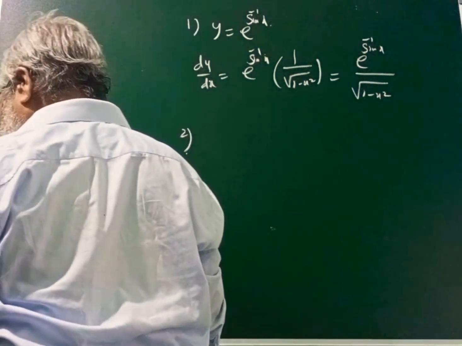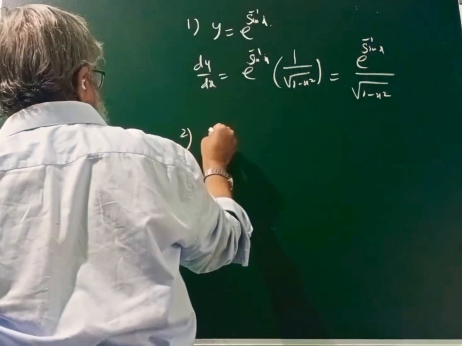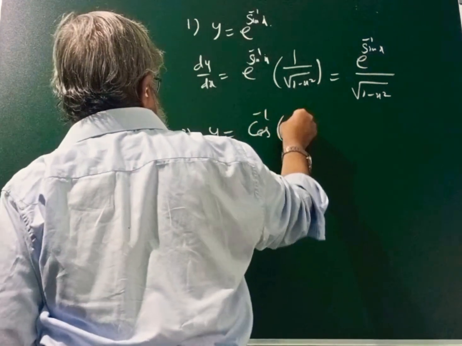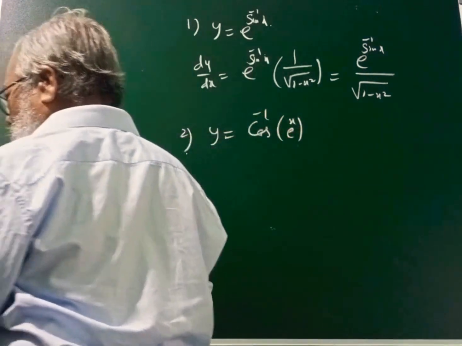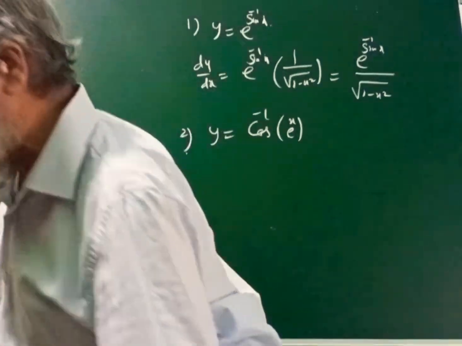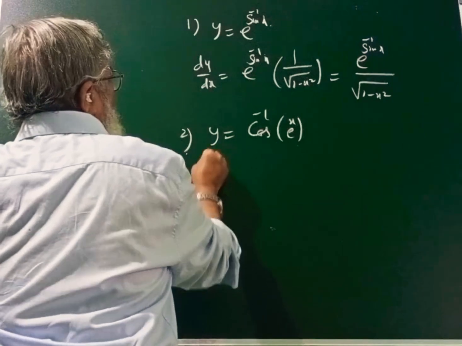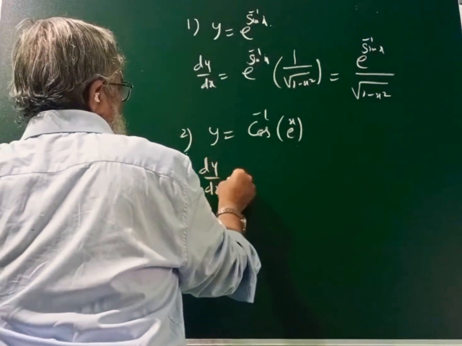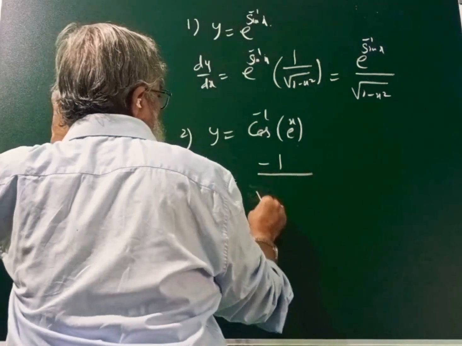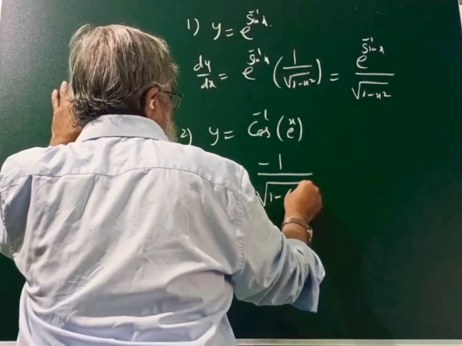Find dy by dx, here y is equal to cos inverse of e raised to x. Now refer to the formula of cos inverse x. The derivative of cos inverse x is minus 1 by under root 1 minus x square.